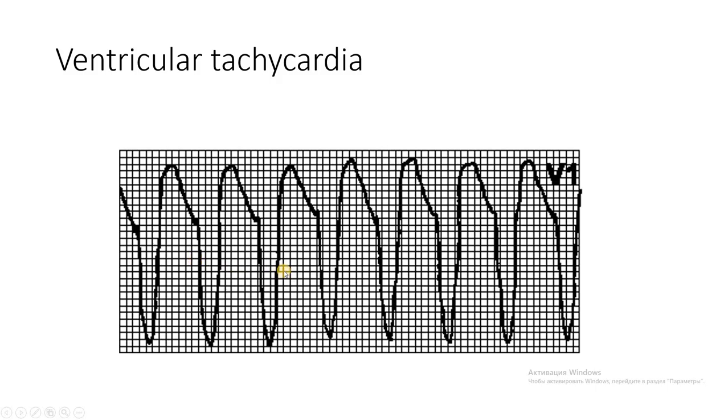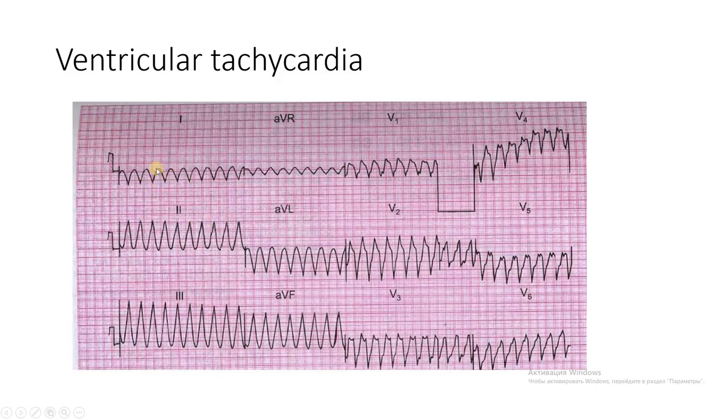This is ventricular tachycardia, we can say wide QRS complexes, and this basic wave, this is ST and T, discordant position. Next one, also paroxysmal ventricular tachycardia. Here we can see wide QRS complexes and discordant ST and T waves.